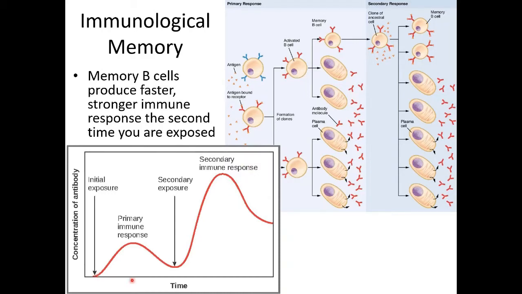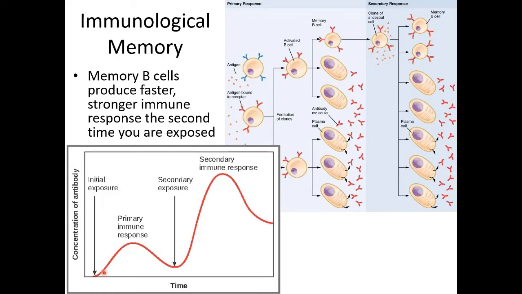So this is time. This is when your initial exposure would be to whatever this pathogen is. This here would be the secondary exposure. And what the red line is showing you is the concentration of the antibody. So how many of these are actually inactivating the pathogens invading your body.